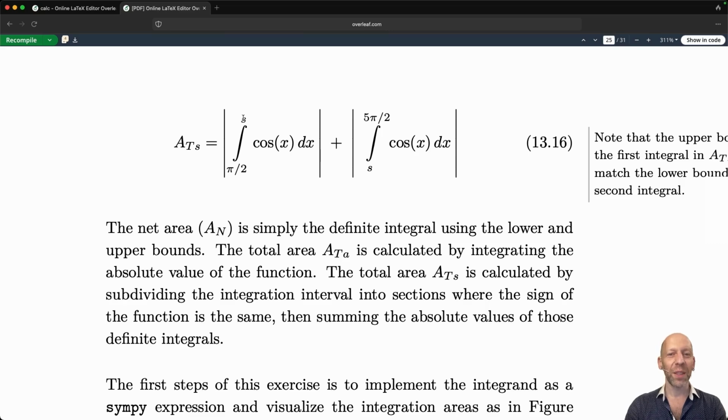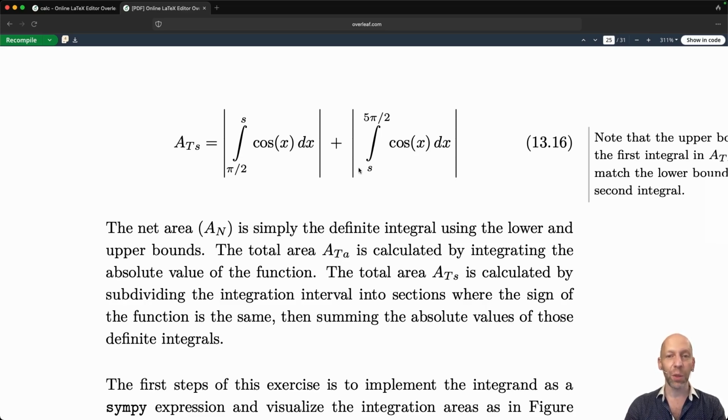Okay, so the question is, what is this splitting value here? I just call it S in this case. Now, the upper bound has to match the lower bound here so that we are still traversing the entire integration interval. Now, in principle, you can just look at a graph and figure out what this value of S needs to be.